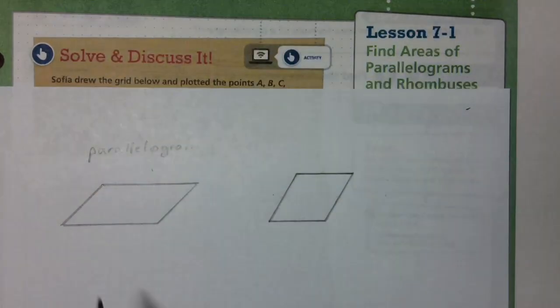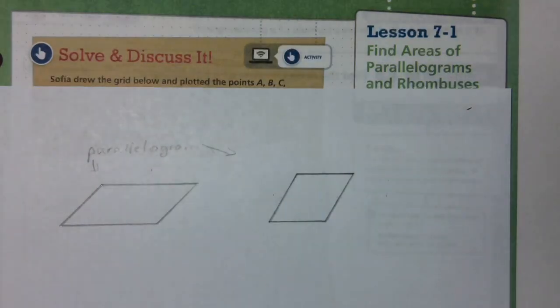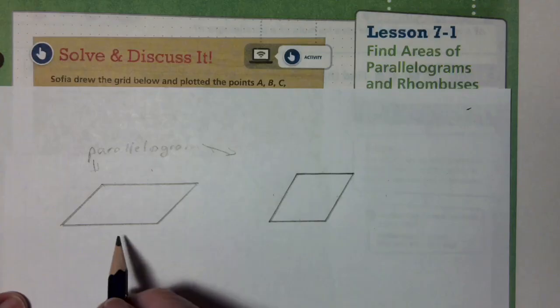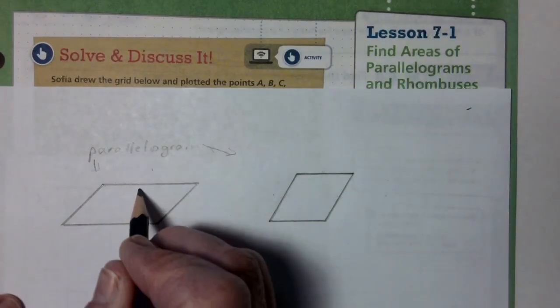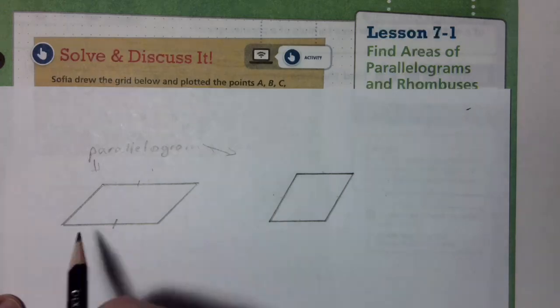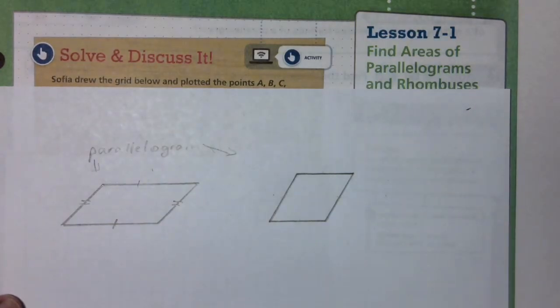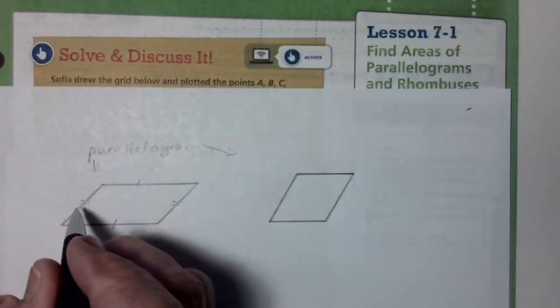P-A-R-A-L-L-E-L-O-G-R-A-M. So this is a parallelogram, and this is a parallelogram. Now, this is a parallelogram because it has two pair. Here's a pair, and here's a pair, and I'm putting tick marks on there. And those two tick marks, I'll better use my ink pen so you can see it.